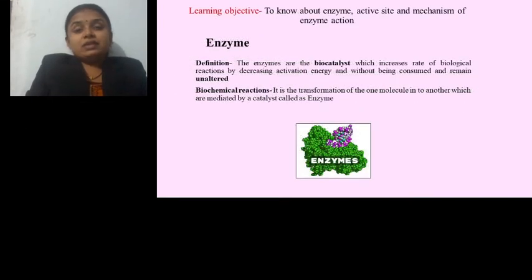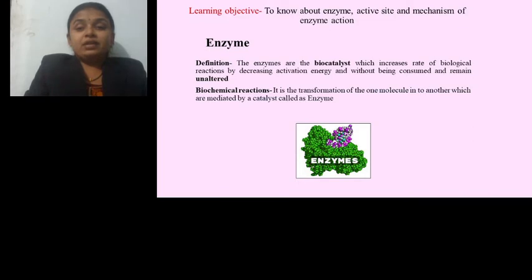In today's lecture, we will discuss the active site of the enzyme and the mechanism of enzyme action. We can define the enzyme as a biocatalyst which increases the rate of biological reactions by decreasing the activation energy, without being consumed and remaining unaltered at the end of the reaction. Biochemical reactions are the transformation of one molecule into another, mediated by a catalyst called an enzyme.